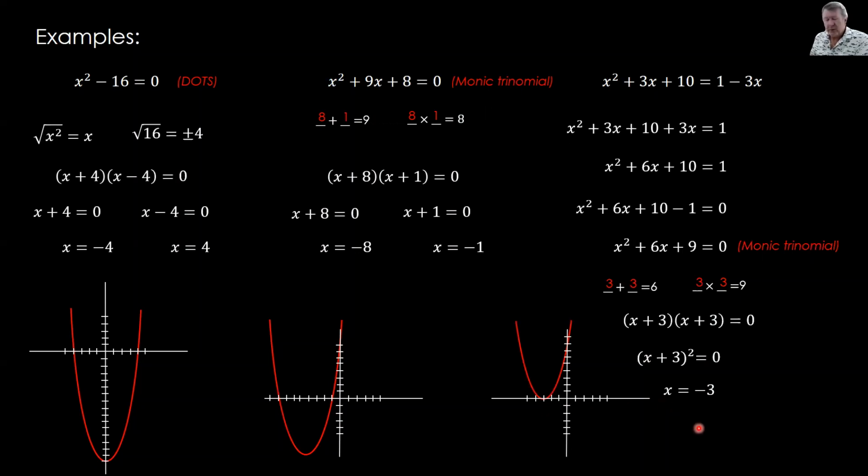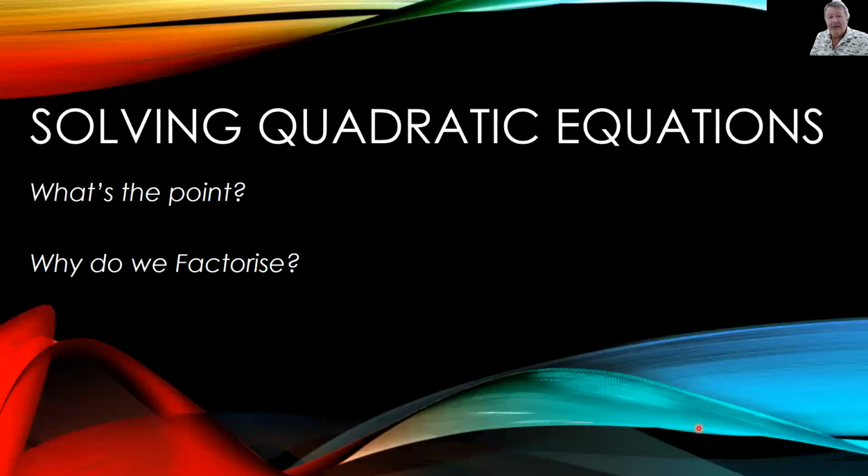All right, there's all sorts of other things that you can do. Heaps of different factorizing, the non-monic, the completing the square, all works exactly the same way as these 3. Last bit, let's go back to the first questions we had, back to the start. Solving quadratic equations: what's the point?